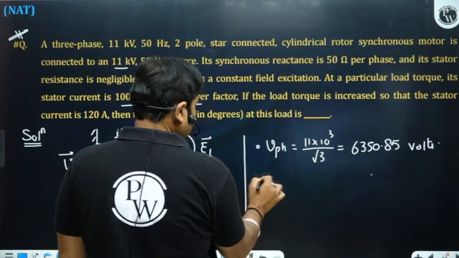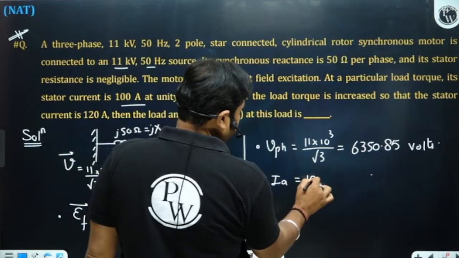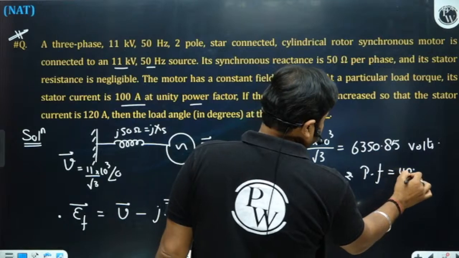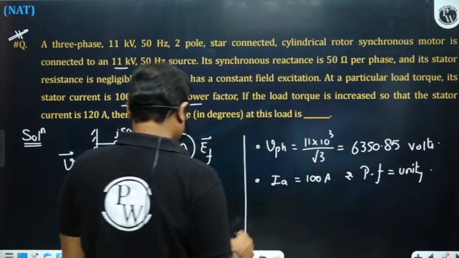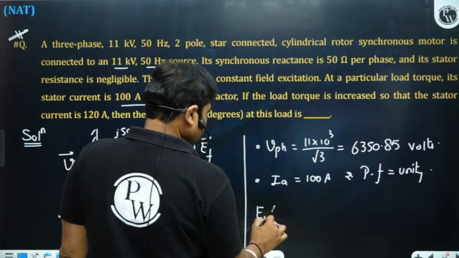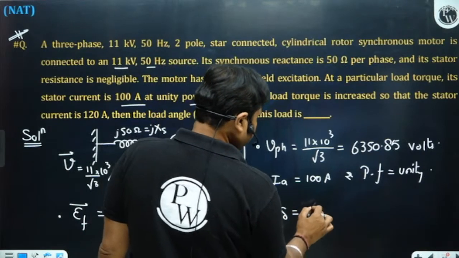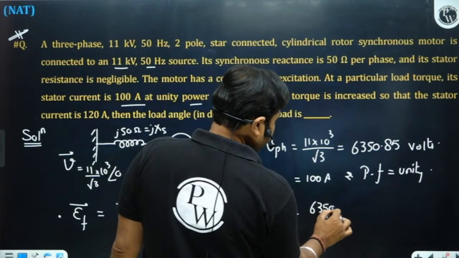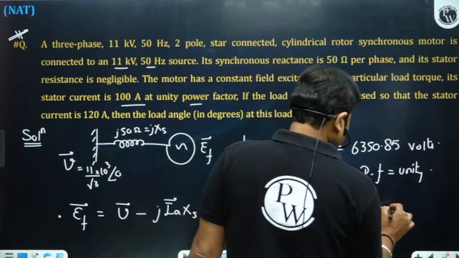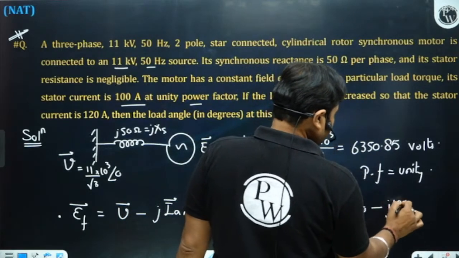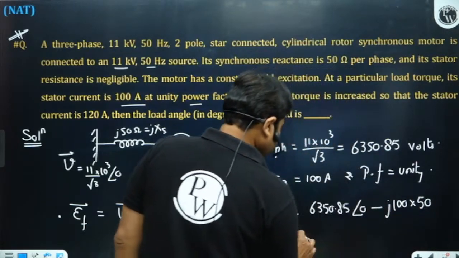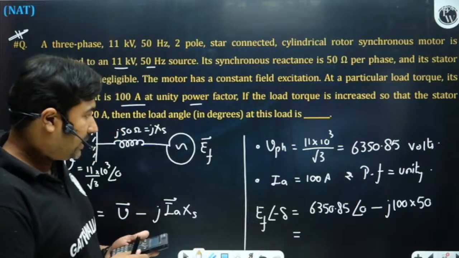Armature current is given to you as 100 ampere and power factor is unity. So EF at an angle minus delta will become 6350.85 at an angle 0 minus IA, IA is 100 at an angle 0, into jXs 50. Very easy to calculate, real part, imaginary part.